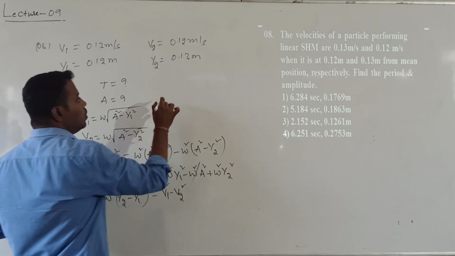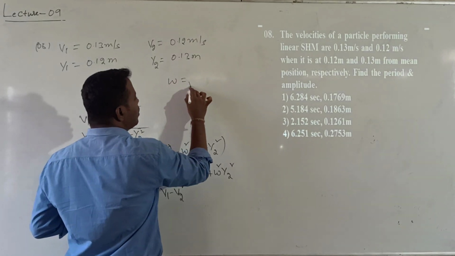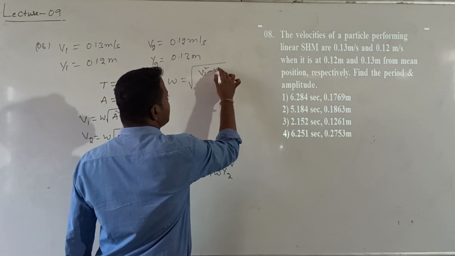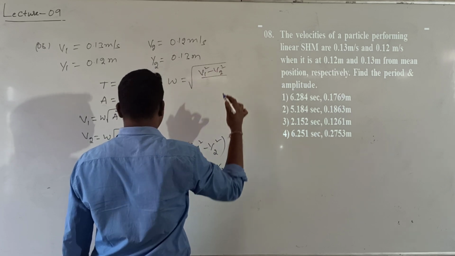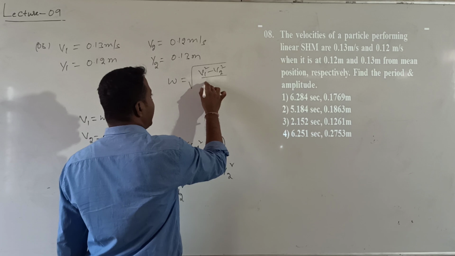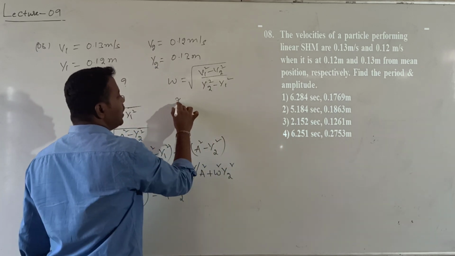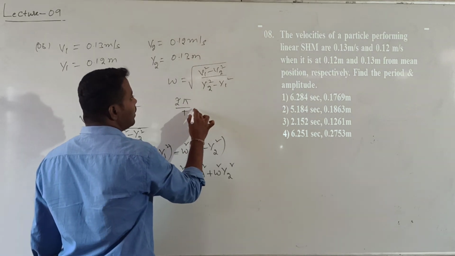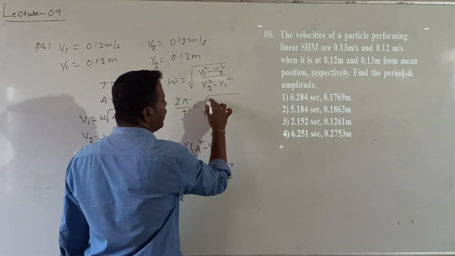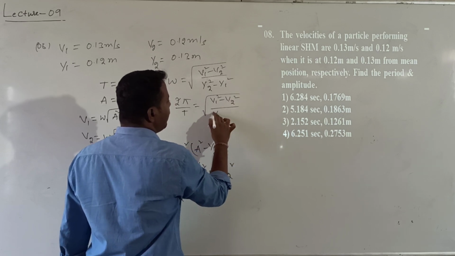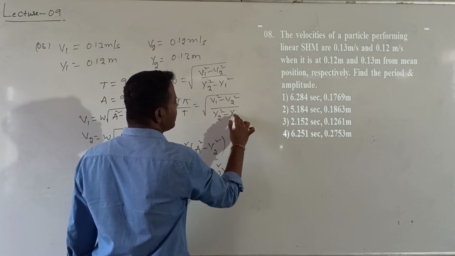From this, omega is equal to root over v1 square minus v2 square divided by y2 square minus y1 square. Omega is 2 pi by T, so 2 pi by T is equal to root over v1 square minus v2 square by y2 square minus y1 square.